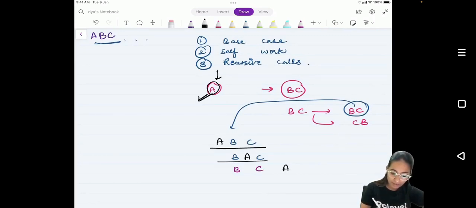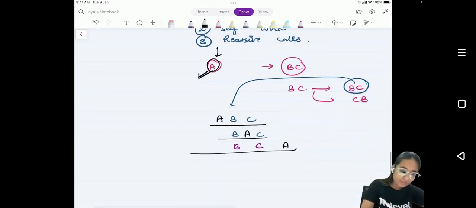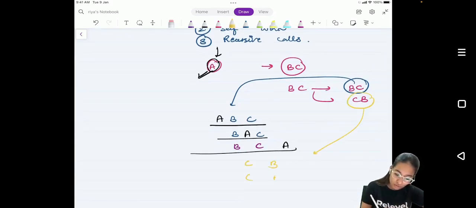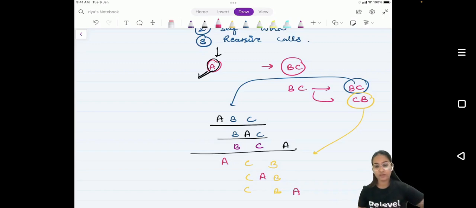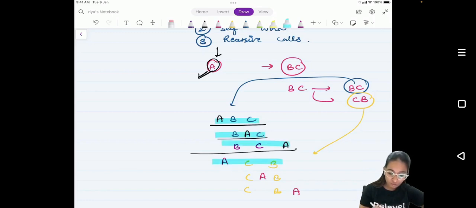So ABC, BAC and BCA. Similarly, from the smaller solution you got CB. Now using CB, to find the permutations of ABC, once you add A over here, once over here, and once over here. So that is another way to think about it.